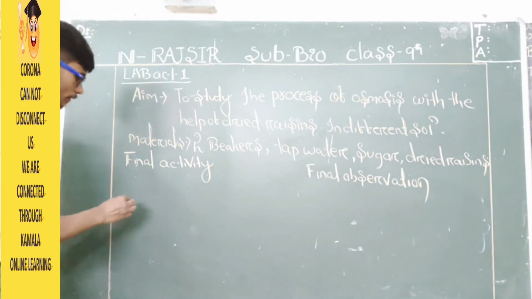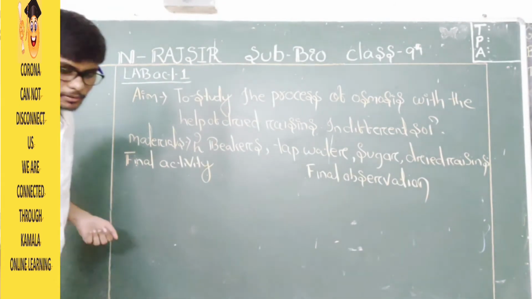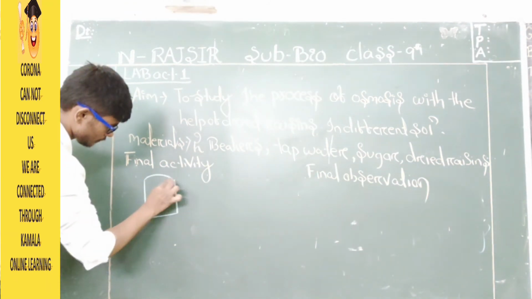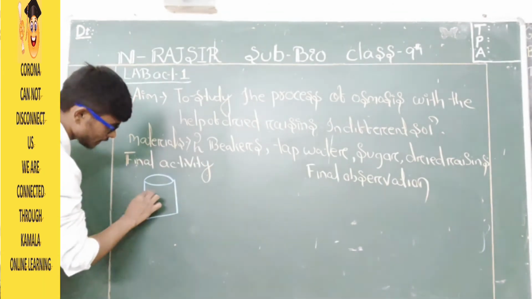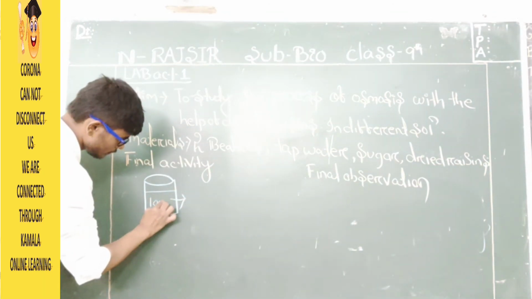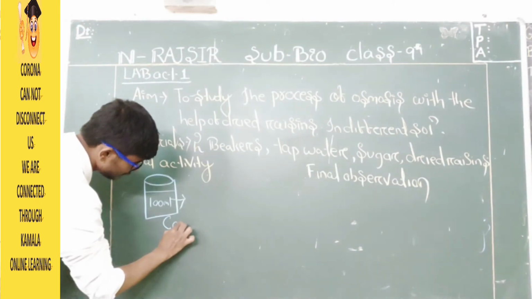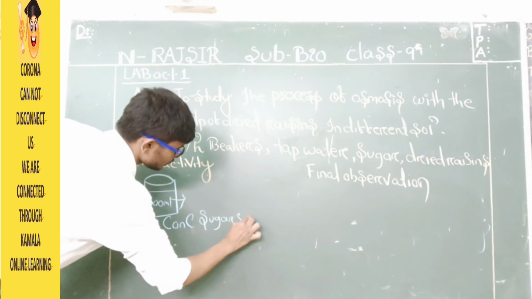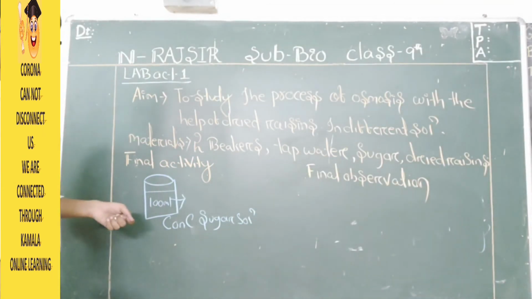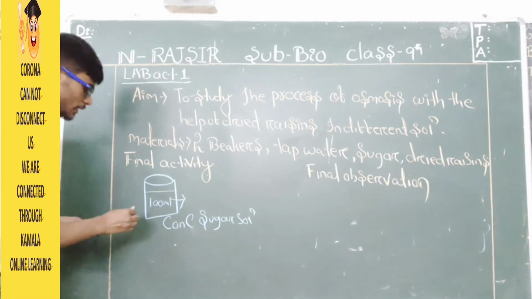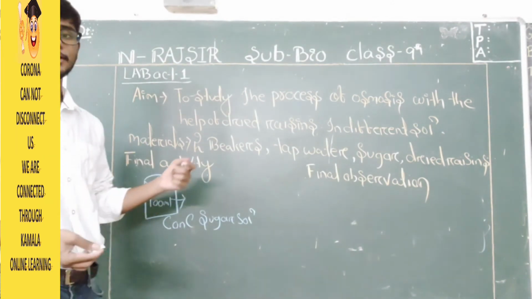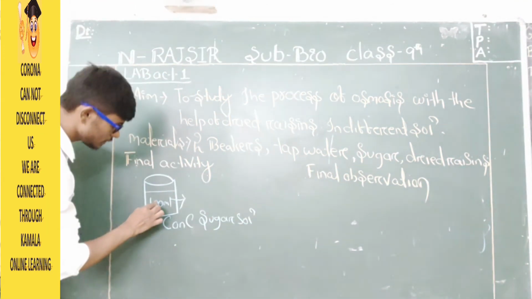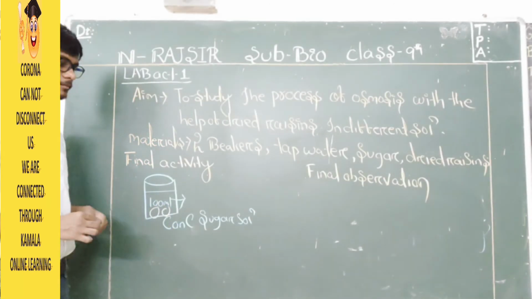So in our final activity, what will we do? Again we will take one beaker. In this beaker, instead of water, we will take 100 ml of concentrated sugar solution, where no more sugar can be added. Now in this 100 ml, we will place the 2 swollen raisins from our primary observation. Now I leave it overnight.